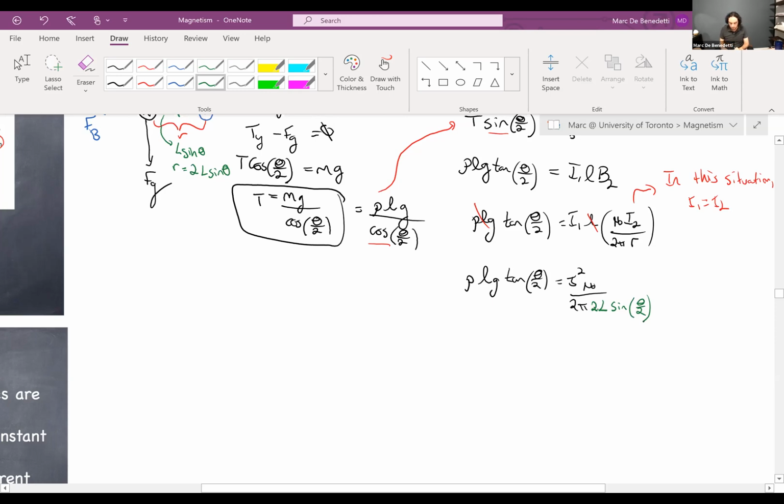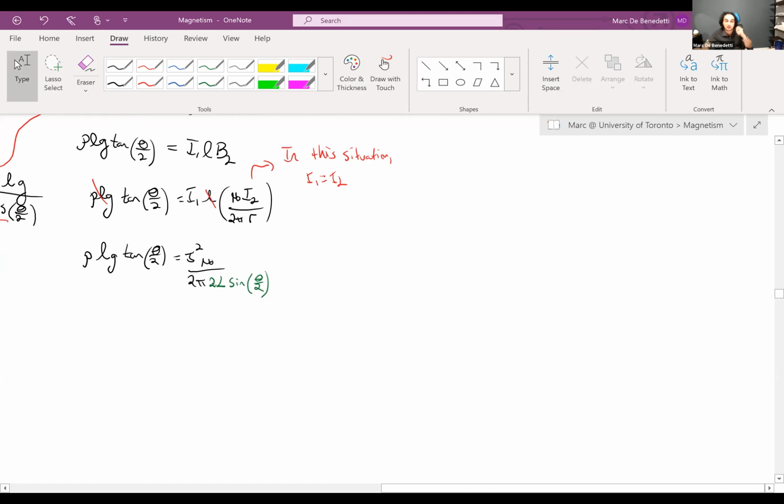Okay, so now we pretty much have our answer. We were asked to find the current in these wires. So now I can isolate for current because I think I have everything else. Here we're going to have rho L. No, L was canceled. I don't know why L was there. My apologies. Let's put all the constants first.